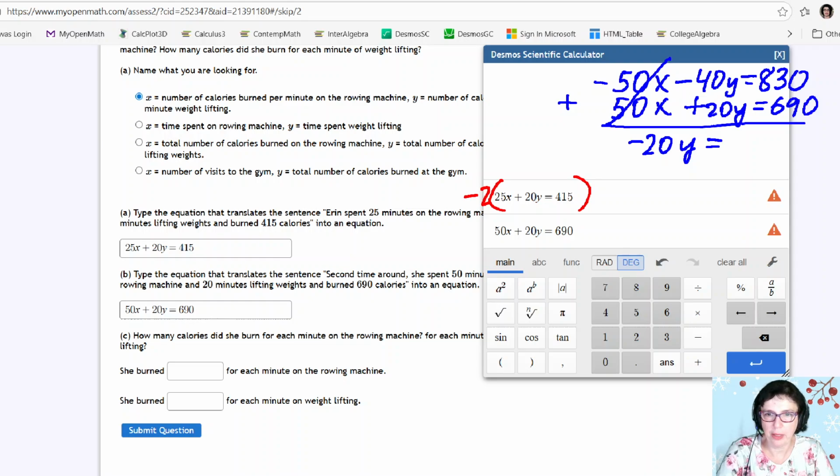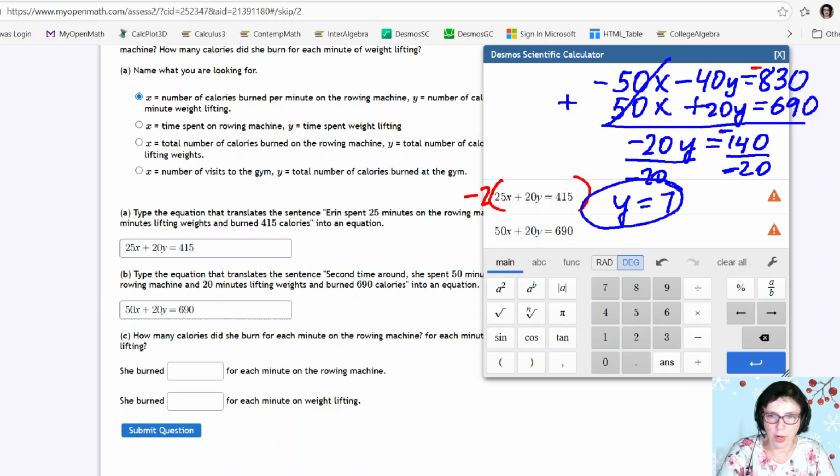Now, I was multiplying it by negative 2, so I think I made a mistake here. This actually should be negative 830. And then when you take negative 830 and add 690, you're going to get, I believe, negative 140. Again, I was missing a negative here. Now, dividing both sides by negative 20 to isolate y will give me y equal to 7. This negative is very important because that's going to cancel with the other negative.